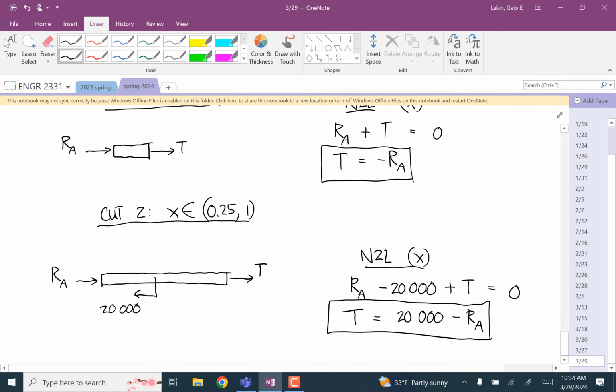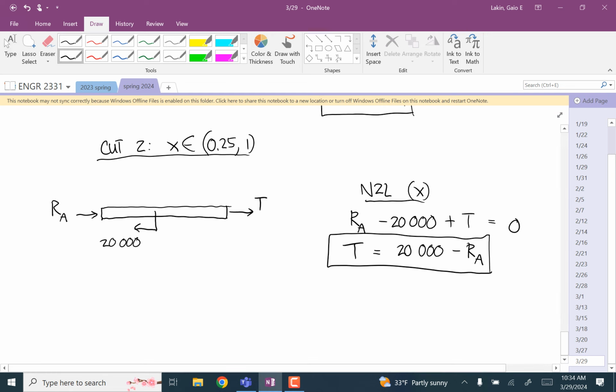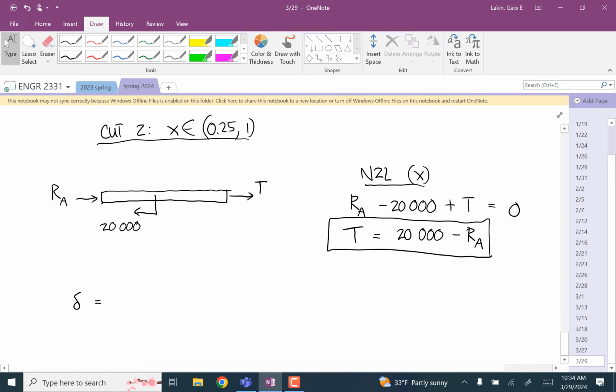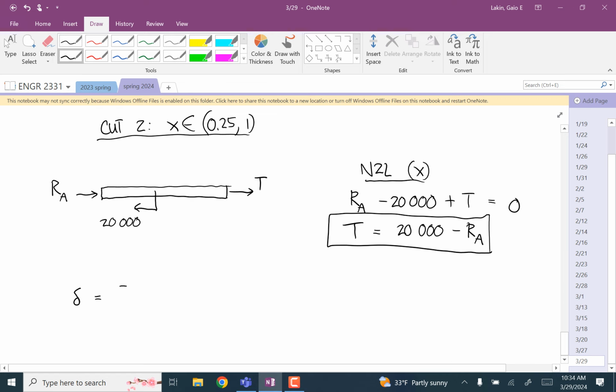Now, these are the internal tensions we're going to use in the elongation formula. So the total elongation is equal to the elongation on that first quarter of a meter, the lower quarter of a meter, plus the elongation on the higher 3/4 of a meter. So this is negative RA times the length of that section, 0.25, divided by, well, I didn't give a Young's modulus.